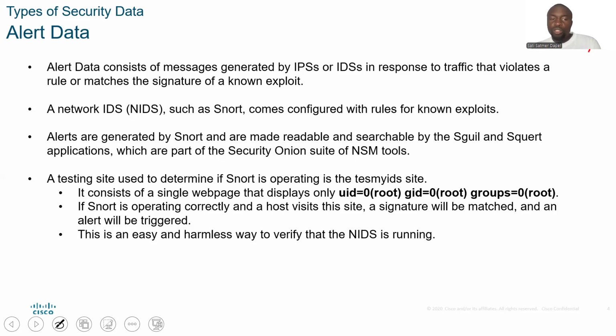A network intrusion detection system, such as Snort, comes configured with rules from known exploits. Alerts are generated by Snort and are made readable and searchable by Sguil and Squert applications, which are part of the Security Onion suite.